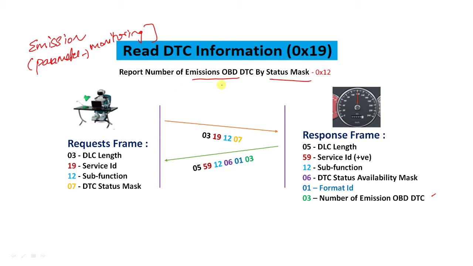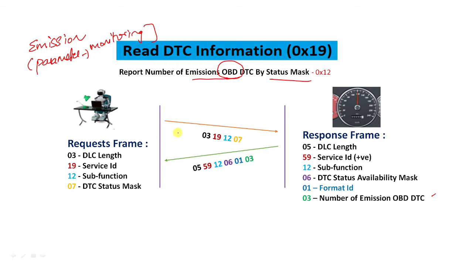Those can be segregated, and that has a direct impact on the OBD. Whatever we read from the OBD port will have a direct impact. So those DTCs have been segregated separately, and those are all called emission OBD DTCs.